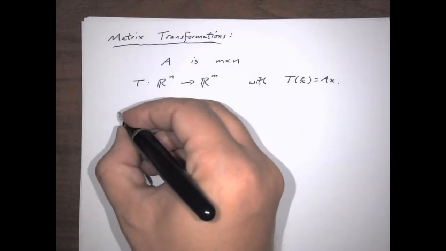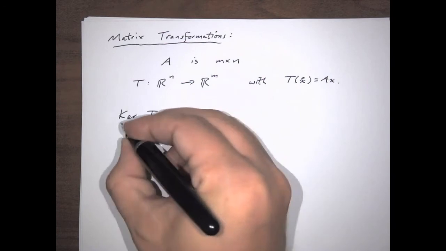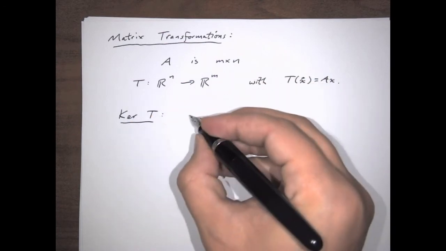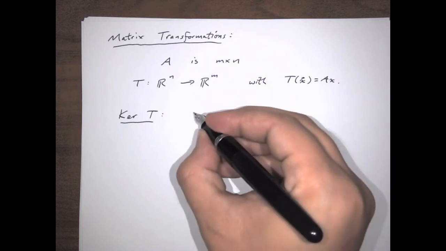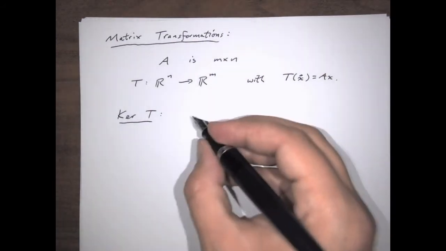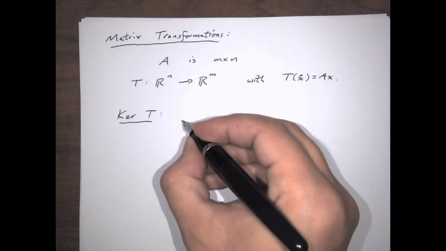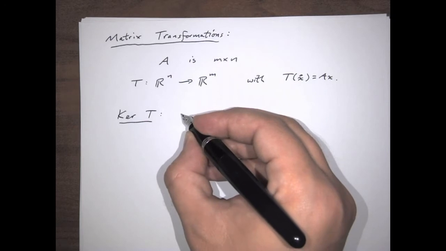But let's discuss what the kernel of this would be. The kernel of T would be equal to the set of all vectors in Rn whose images under T are equal to 0.